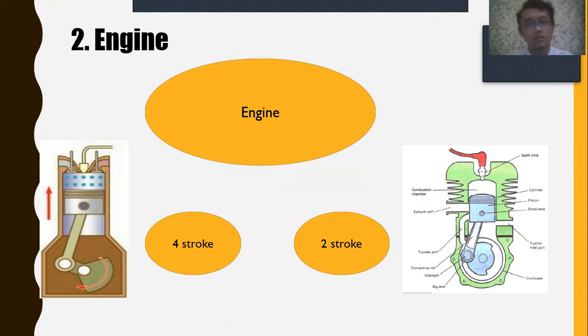Two-stroke just needs two strokes to get one power. We can see that two-stroke and four-stroke have different systems. Like four-stroke needs a valve, and two-stroke doesn't have a valve. Okay, next slide.